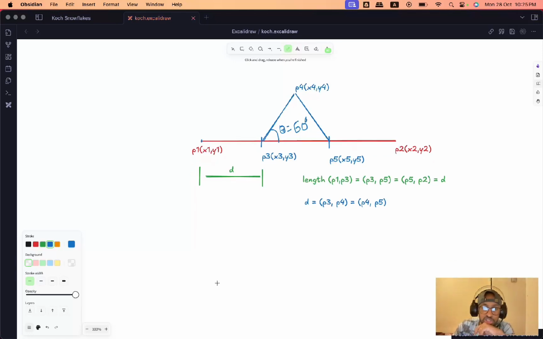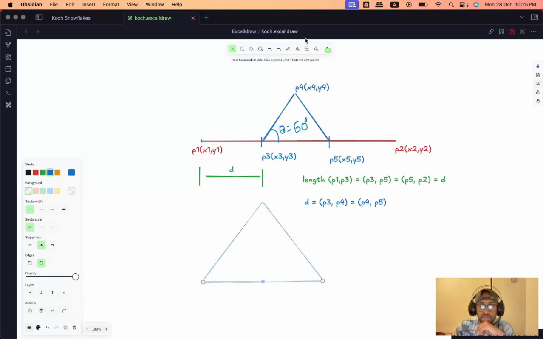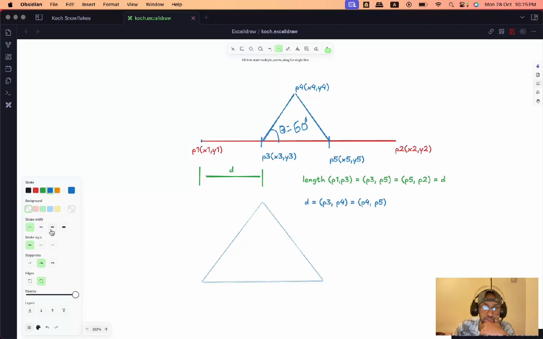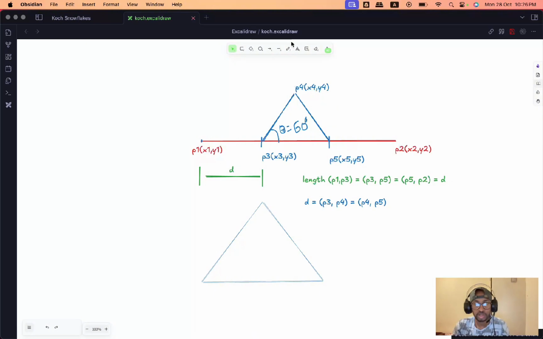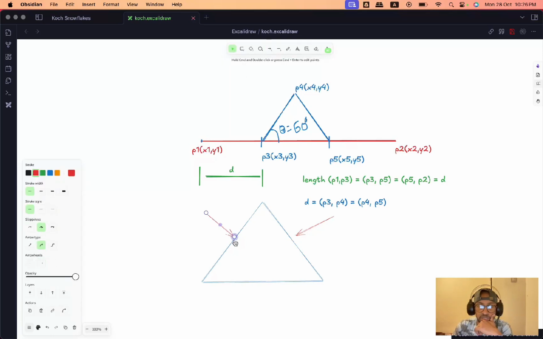To create the Koch snowflake, we will have 3 segments like this that create an equilateral triangle. For each segment, this one, this one, and this one, we will be applying this rule recursively.